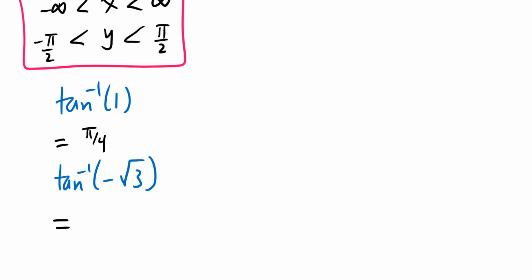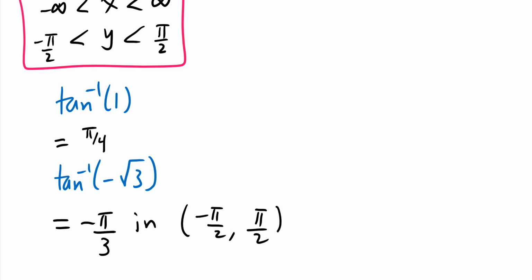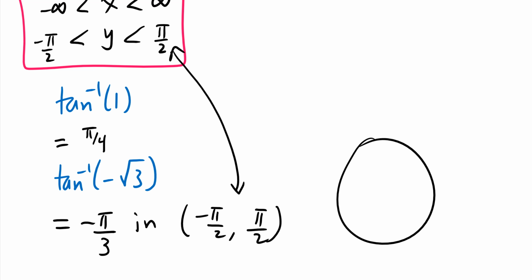For this one, which angle has tangent -√3? Without the negative, it's 60 degrees. But since there's a negative, we use -60 or -pi/3. Note that this is in the interval -pi/2 to pi/2. Remember, the y value must fall between -pi/2 to pi/2.